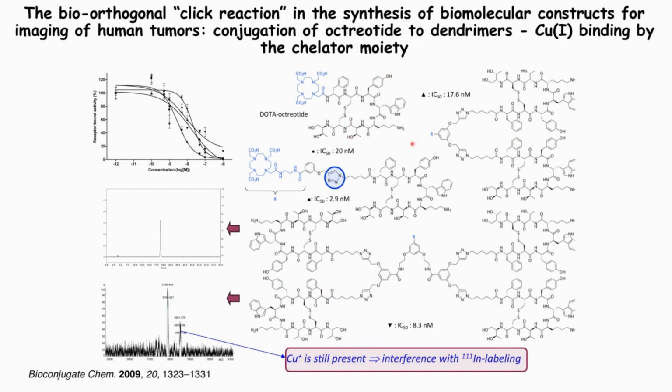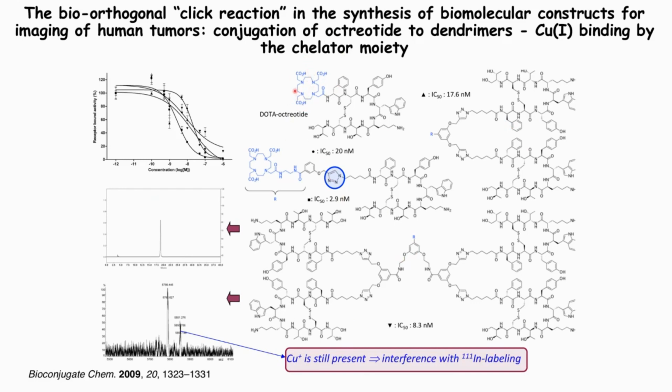And copper starts to be a problem here, where we have this particular molecule. This is octreotide with a chelator. And a chelator has to contain a radioactive isotope. And this radioactive isotope is important for the imaging. And because we can make this particular construct, and here we see multivalency, we see a number of ligands which are attached to a scaffold here, and finally we need this chelator moiety.